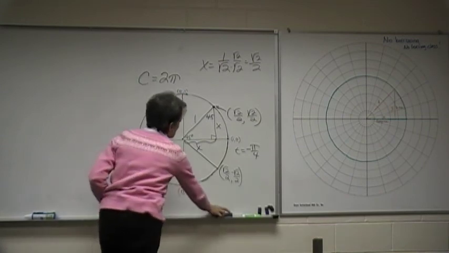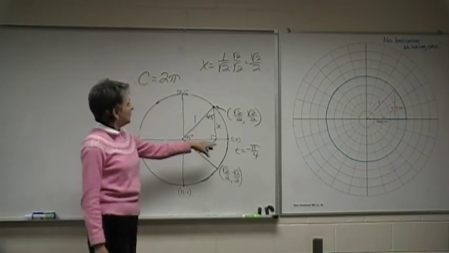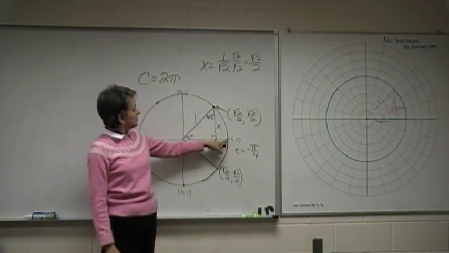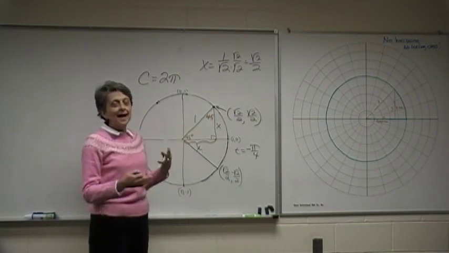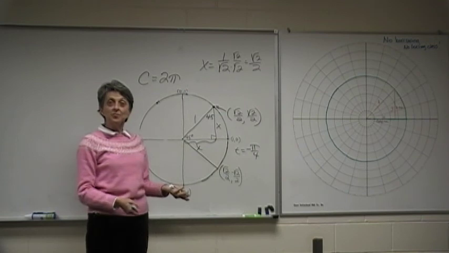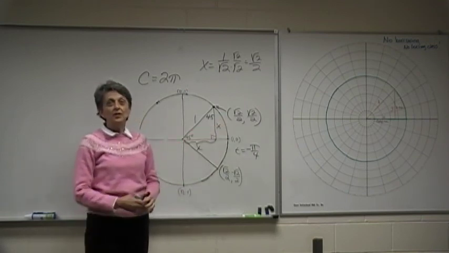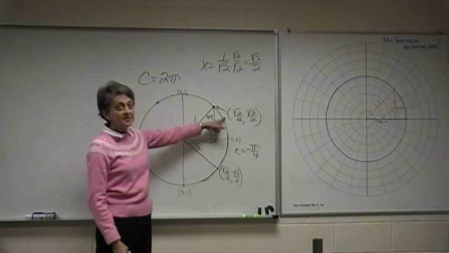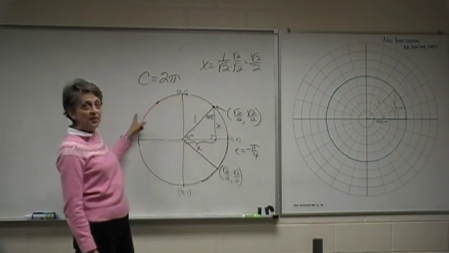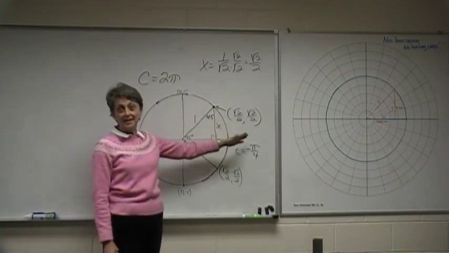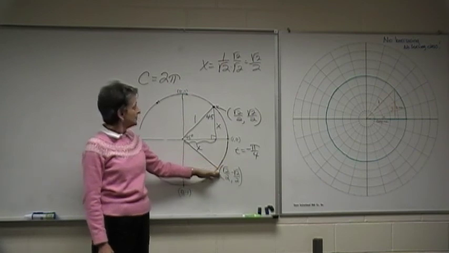Okay, terminal points. Terminal points are found, remember, when you travel a certain distance and you stop. At that location, you want the x and y coordinate to give you the terminal point. If you travel in a positive direction, you're going to travel up through the positive numbers first. If you're traveling in a negative direction, you'll go down to the negative y's first.